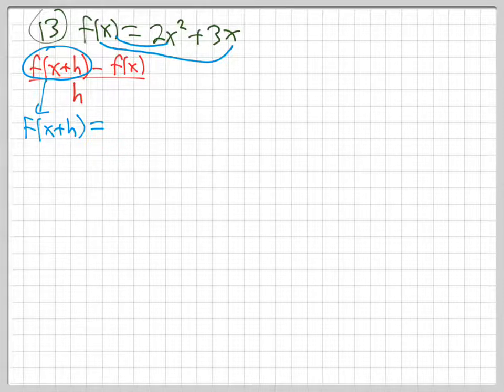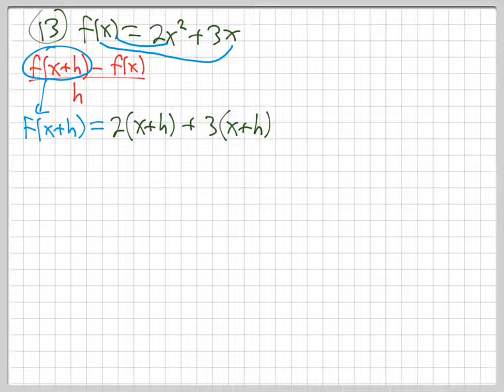So take the function and put into the two holes in the toaster, the two x spots, parentheses, x plus h. So we'll get 2 parenthesis x plus h, 3 parenthesis x plus h. Is that good so far? See how I just plugged x plus h in the two x slots.